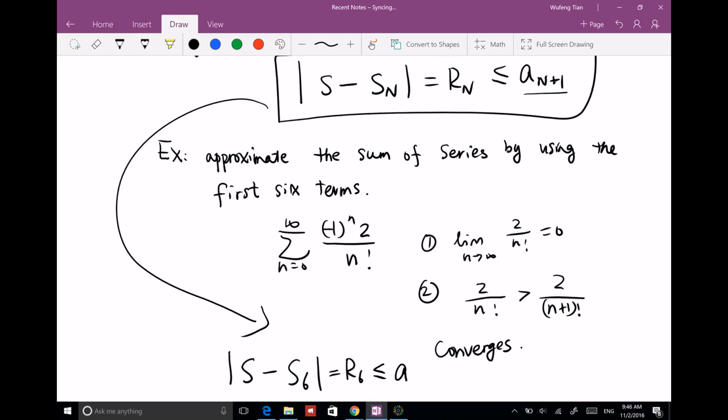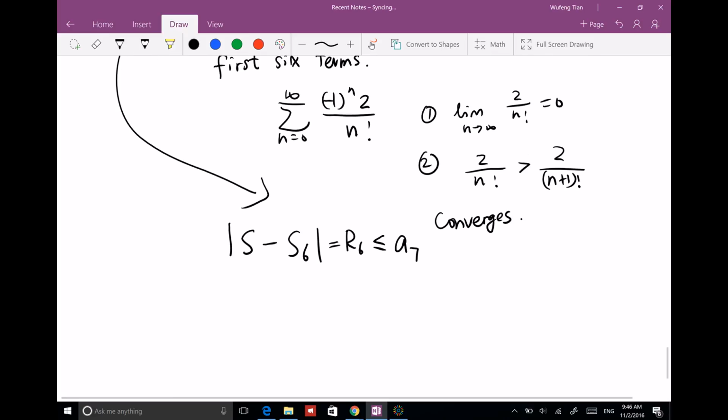A what? From this equation, n equals 6, so a what? Please press the button. A7, very good. So S minus S6, using the first 6 terms, is less than or equal to a7.